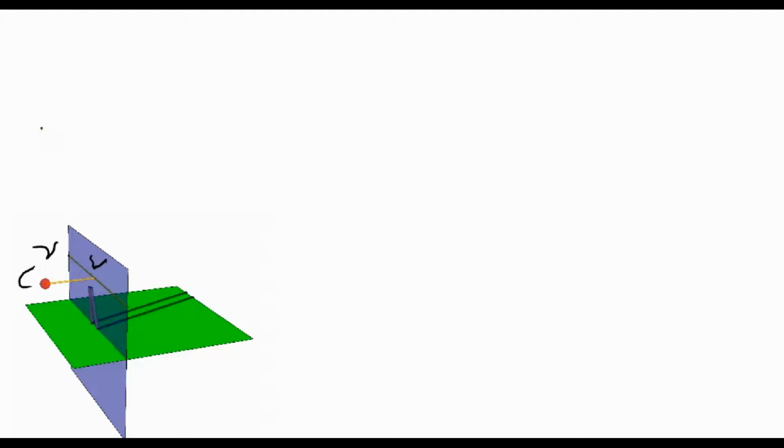This is essentially the horizon, it acts as a horizon in perspective drawing, and we claim that every single pair of parallel lines are going to have their images meeting somewhere on the horizon.